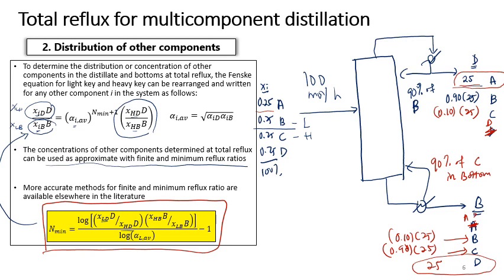So you have to use this Fenske equation to calculate. We will do the example, don't worry. But this is the idea of what we mean by calculating the distribution of other components using the modified Fenske equation for each component. So the i here you can replace with A and D and anything in your system.